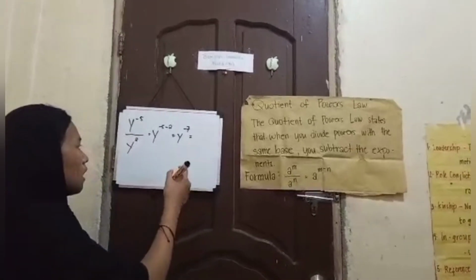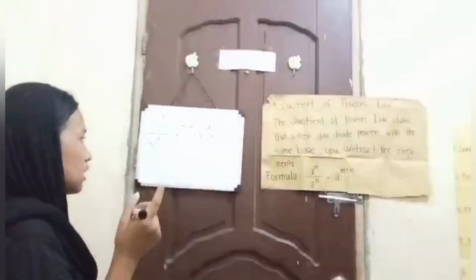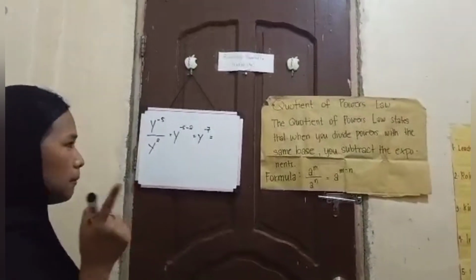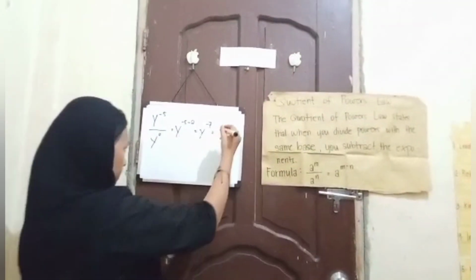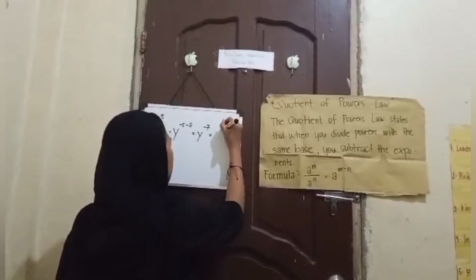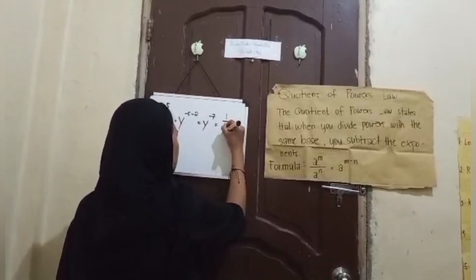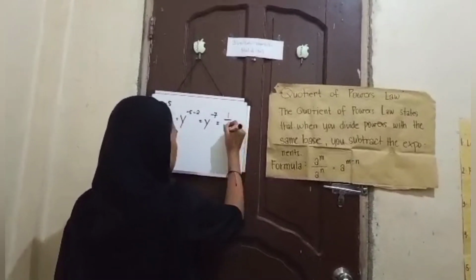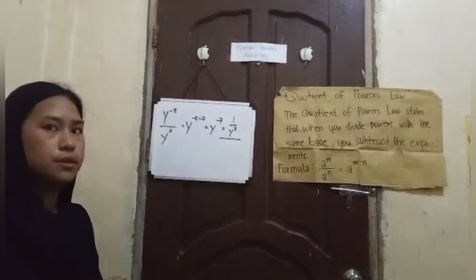So y raised to the power of negative 7. Since the exponent is negative, we use the reciprocal. So 1 over y raised to the power of 7. So that's the final answer.